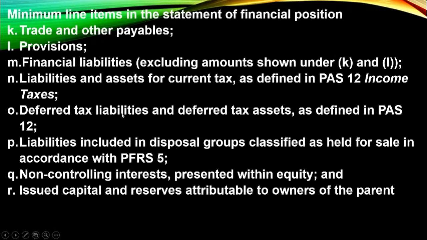So these are some of the line items in the financial position. K up to P are on the liability caption, and then we have the issued capital, which is in the equity section.